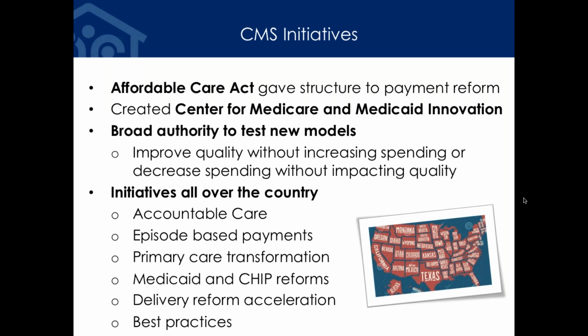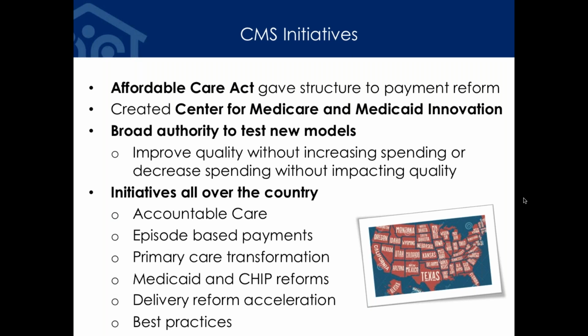But what we saw with the passage of the Affordable Care Act was really more structure within the payment reform opportunities. The law created the Center for Medicare and Medicaid Innovation, which has a much broader authority to test different models. And so they're looking at what models improve quality without increasing spending, or are models that are decreasing spending without reducing quality.